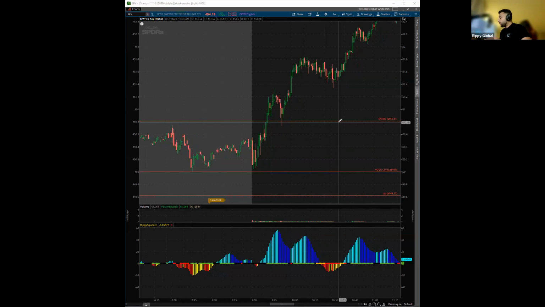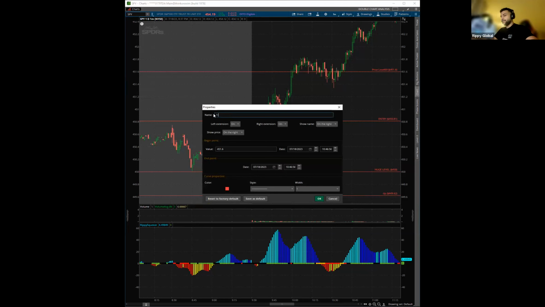Where should my reward be at least, if I'm risking 80 cents? If I'm looking for a 1-to-1 risk to reward, my first take profit is going to be 451.61, right here.